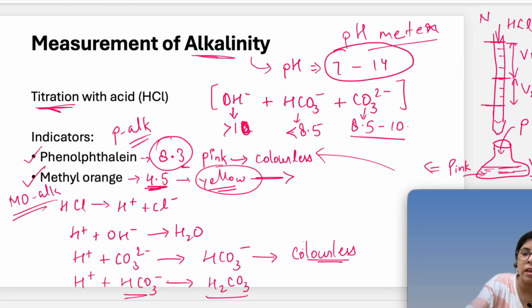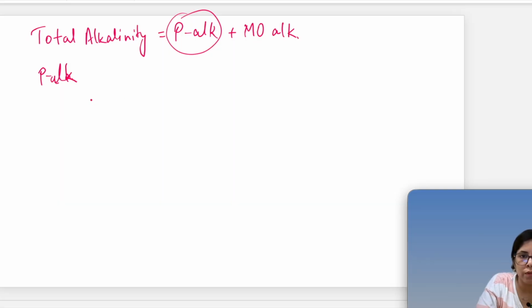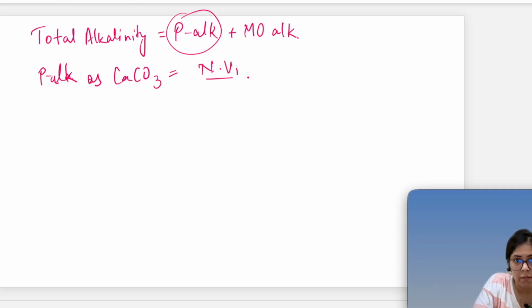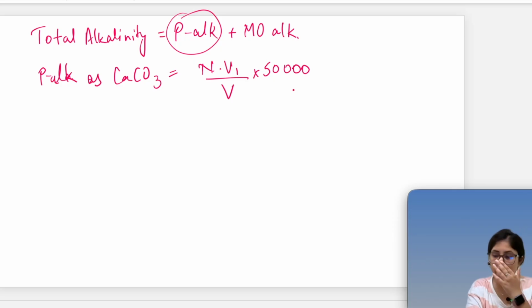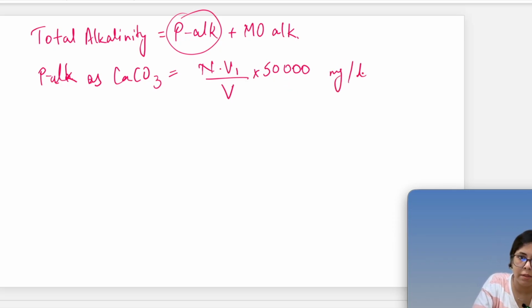So N normal HCl we used. So phenolphthalein alkalinity as CaCO3 can be given by N into V1 upon V, where V is the volume of sample that we took, into 50,000, so we get it in milligram per liter. So this is the phenolphthalein alkalinity.